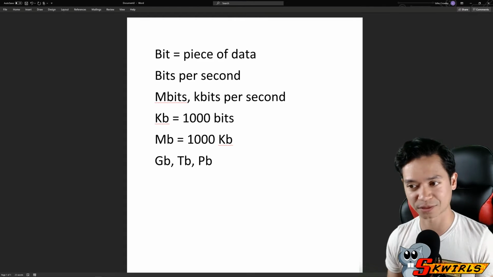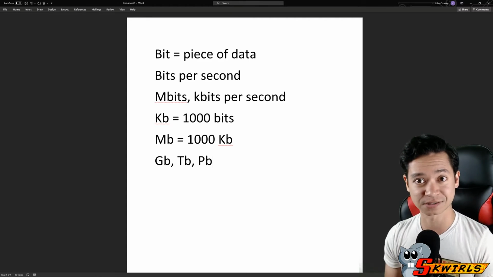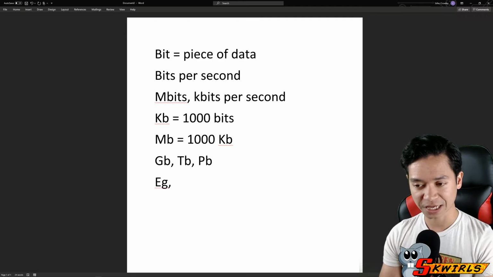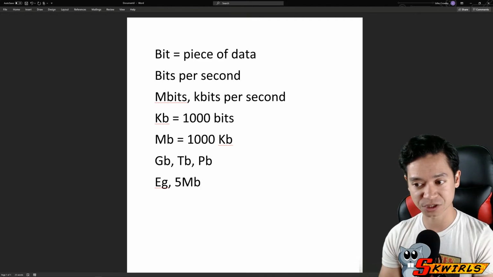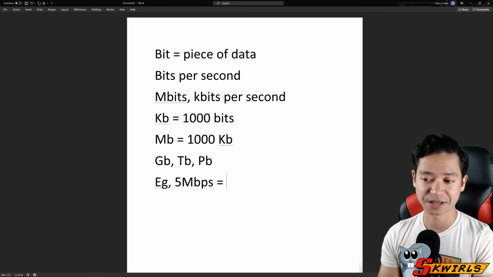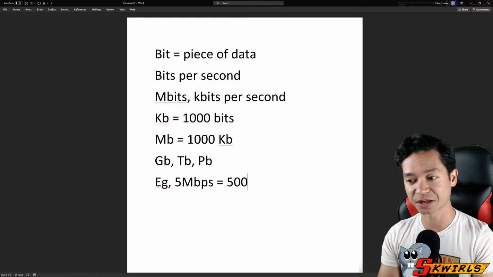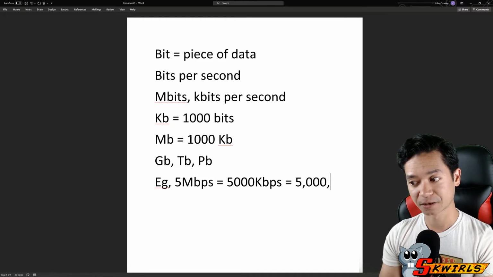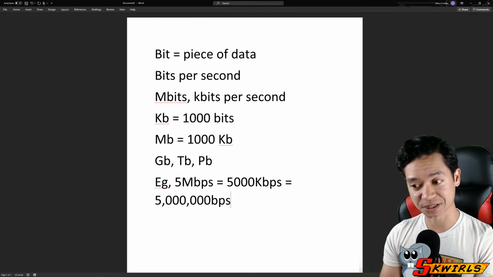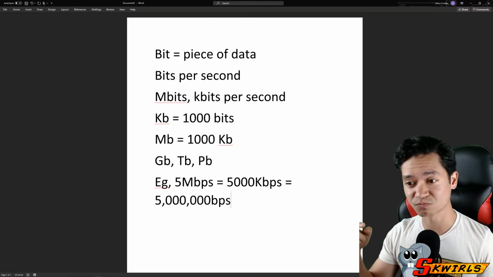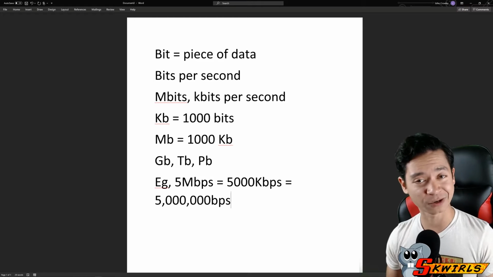Okay, 1,000 of the previous type of bits. So in these examples, if we were to say 5 megabits per second, written just like that, as you'll see when you do the speed tests, that would equal essentially 5,000 kilobits per second, or 5 million bits per second.